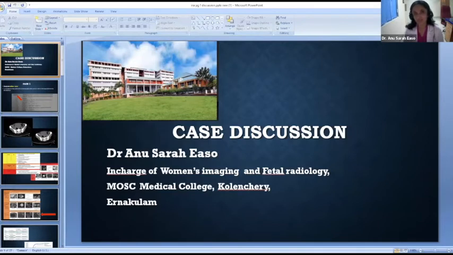Now 3 will have a lesser enhancement. It will be a low risk curve, and 4 and 5 will be higher risk for malignancy. 5 will have more enhancement than the myometrium. So this lesion was categorized as O-RADS 5.